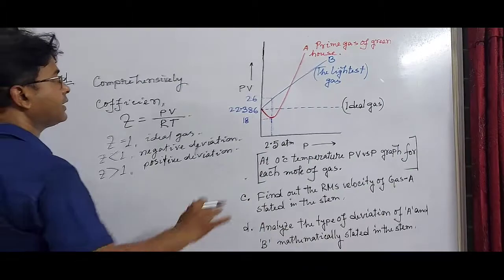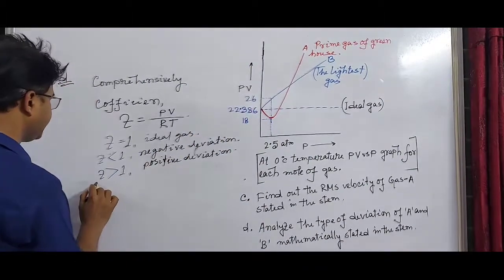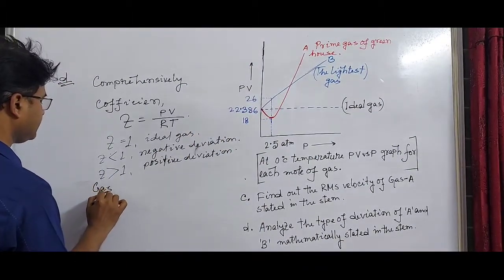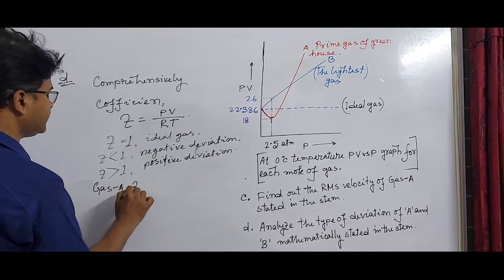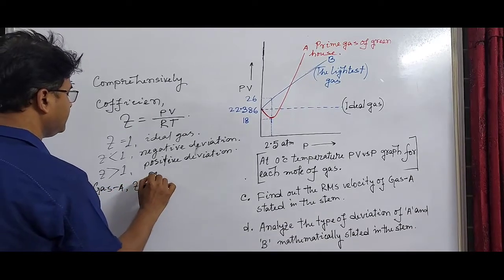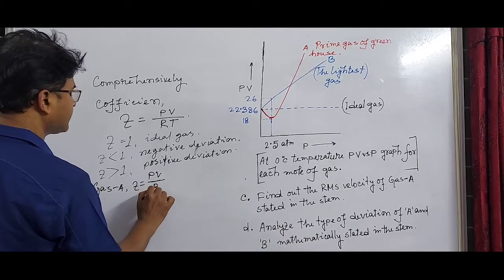Dear learners, in case of gas A of the stem, Z is equal to PV by RT.